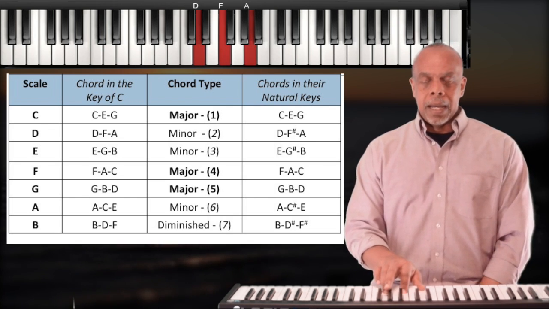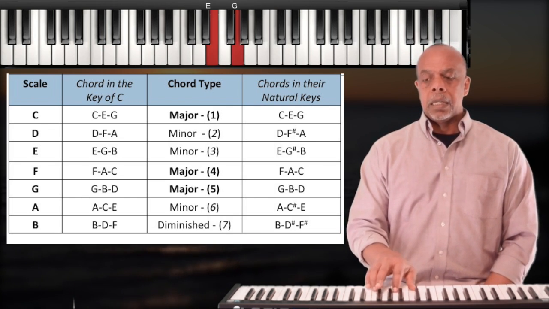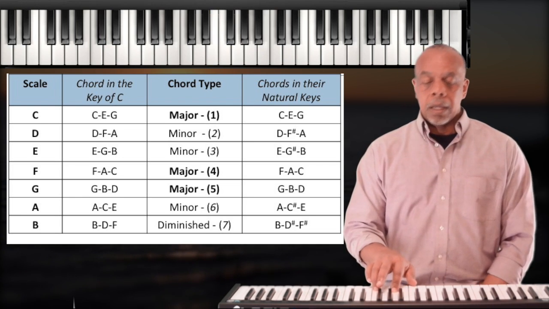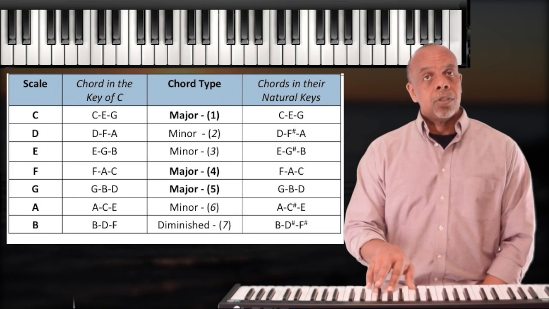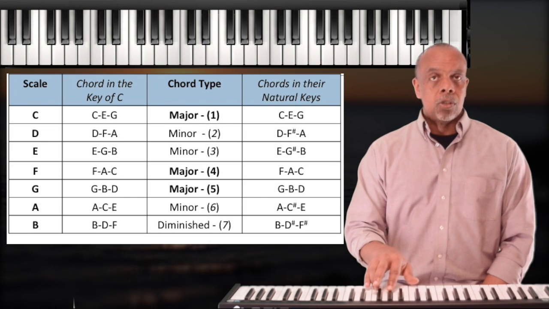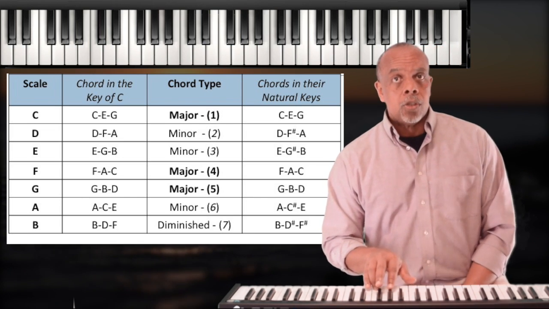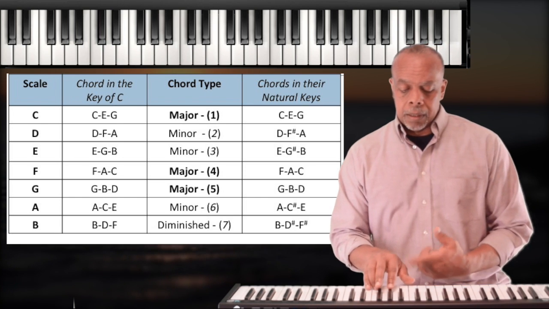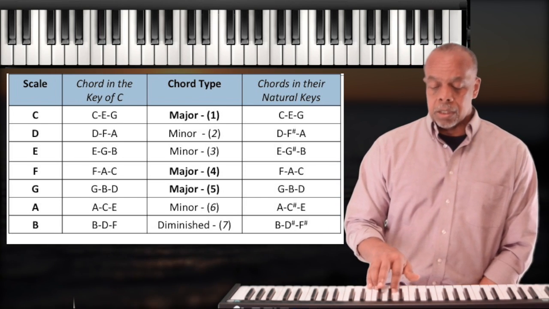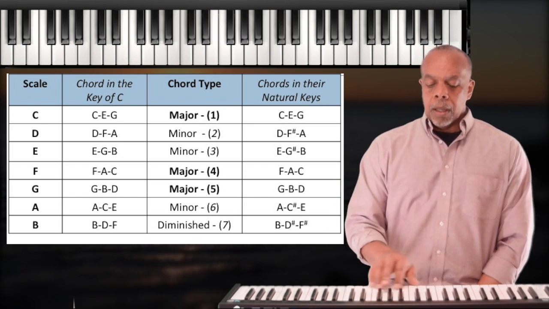So I have a D minor. The same thing for E. It's an E minor instead of E major, because the G sharp is not a key in the key of C. It's a regular G.